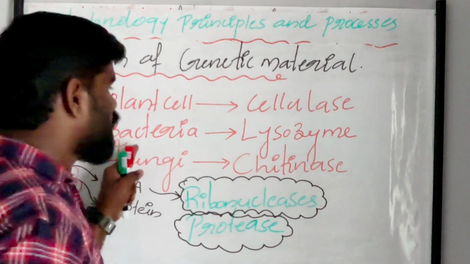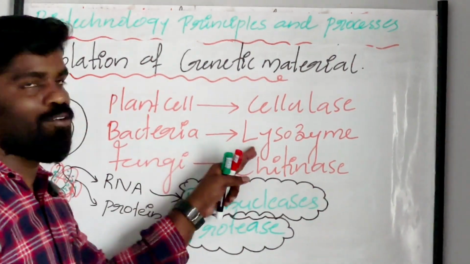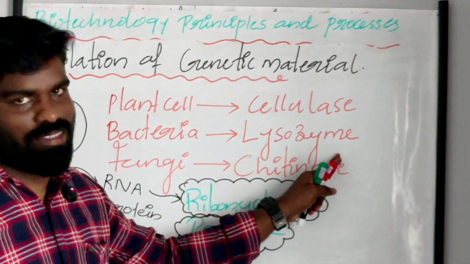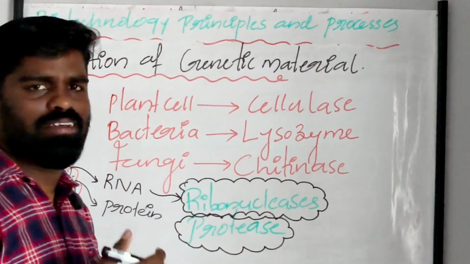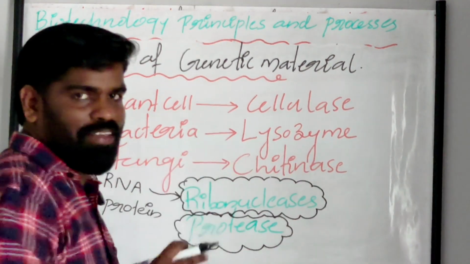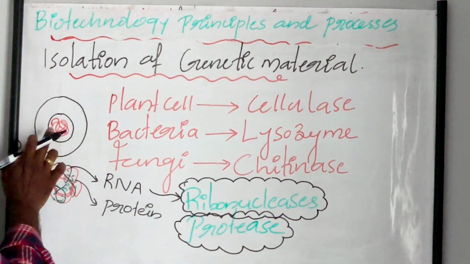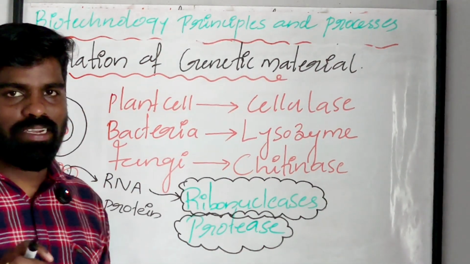Next, in bacteria the wall is peptidoglycan, so in order to digest the peptidoglycan we have to use lysozyme enzyme. And if it is fungi, the wall is made up of chitin, so we have to use chitinase enzyme. Just imagine this is a cell, and inside the cell we can observe the genetic material.